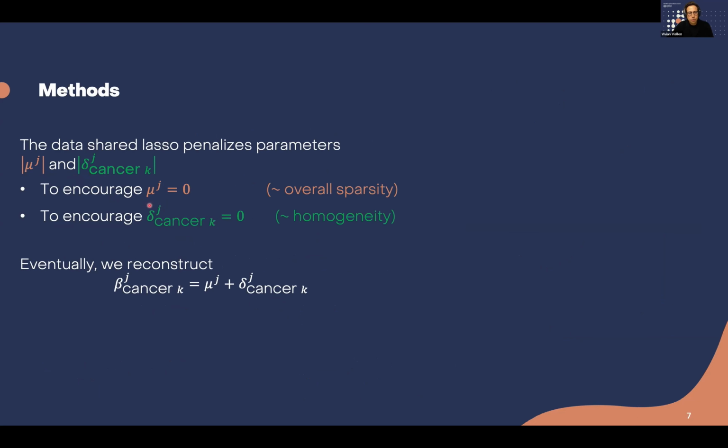And we also want to encourage the type-specific deviations to be zero, as we expect some level of homogeneity for the associations between any particular metabolite and cancer across the different cancer types. And so once we have estimates for these different quantities, then we can easily reconstruct the log odds ratio for metabolite J and cancer type K.